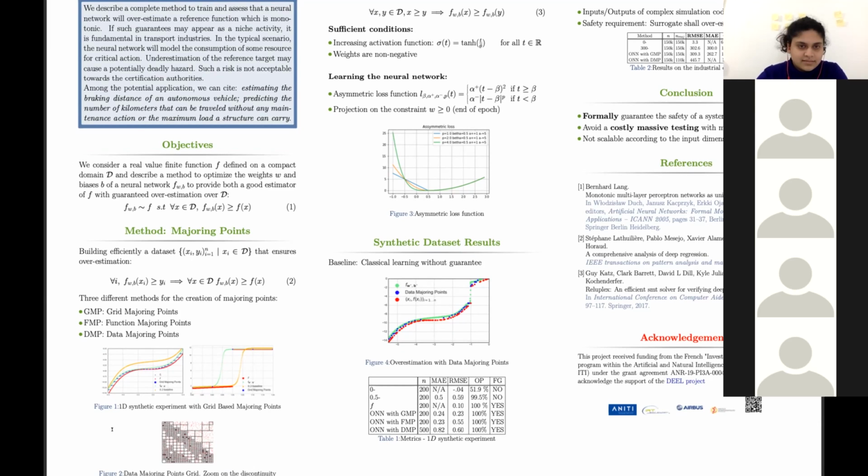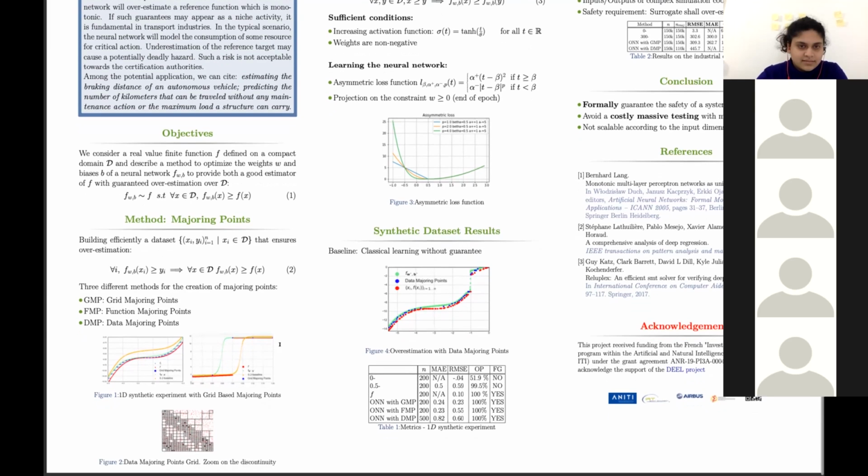So how to do that? The first point is we have to create measuring points. For each area in the data, we would like to create a point that is always higher than the points inside the domain.